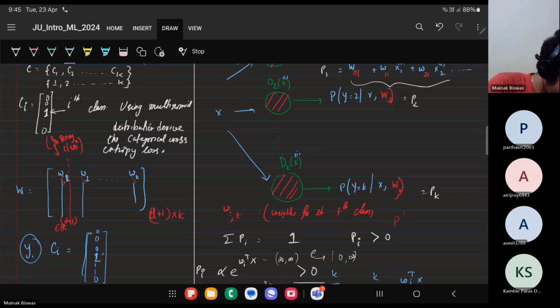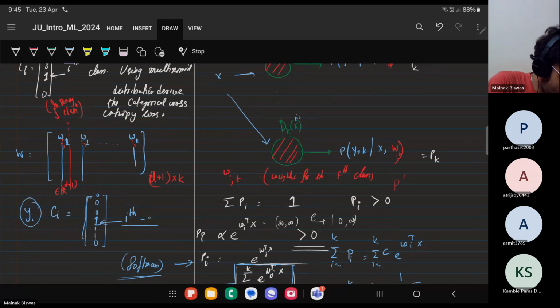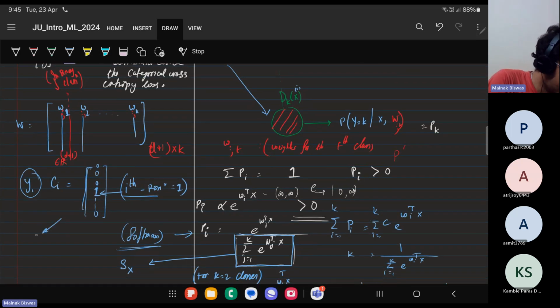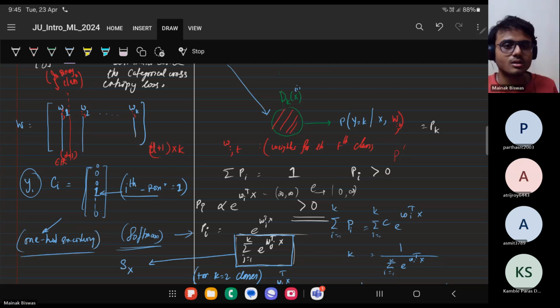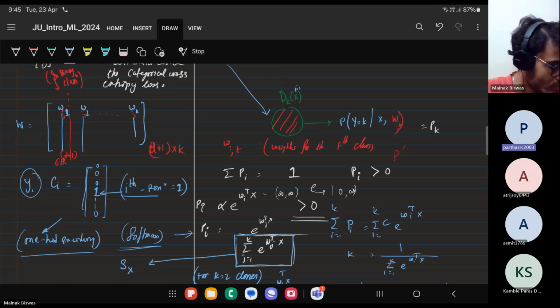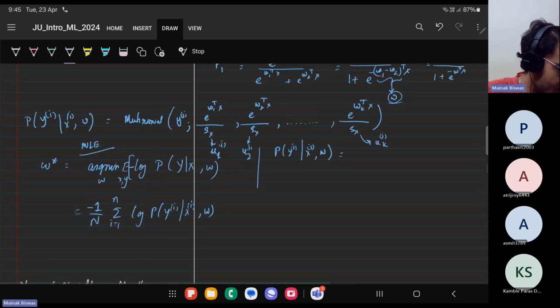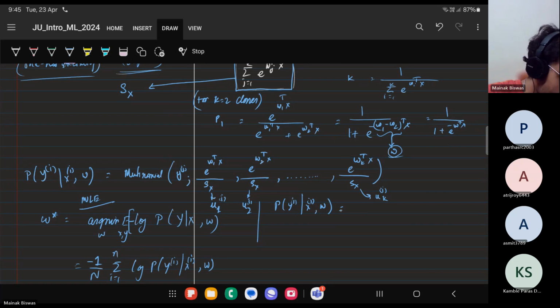The ith position is equal to 1. This is called one-hot encoding. Why is it called one-hot encoding? It's in the name itself. The correct class is basically denoted by 1, and the rest are all zeros. Now, if it is denoted by 1, tell me in 1 second, what can I write the probability as?